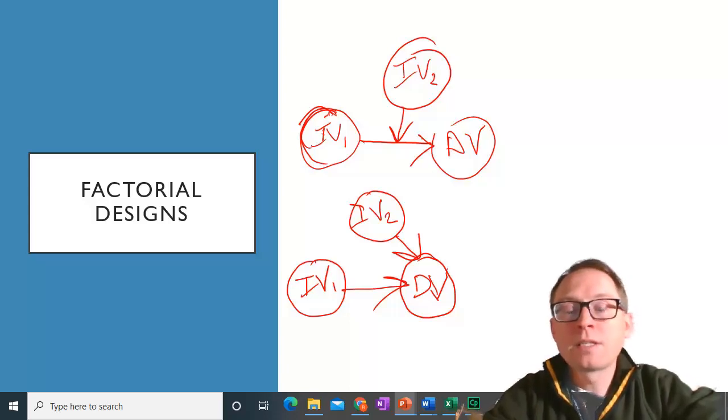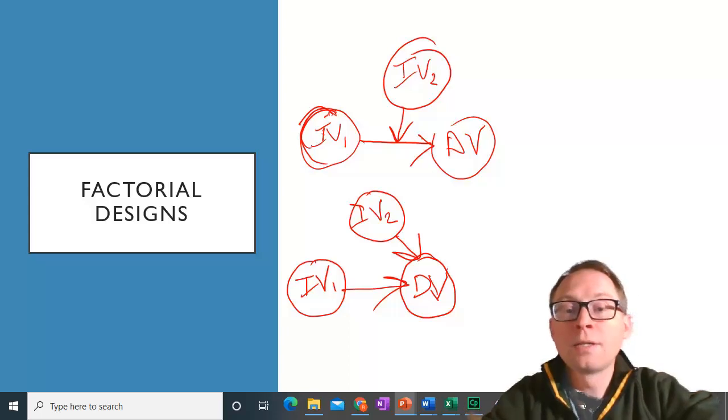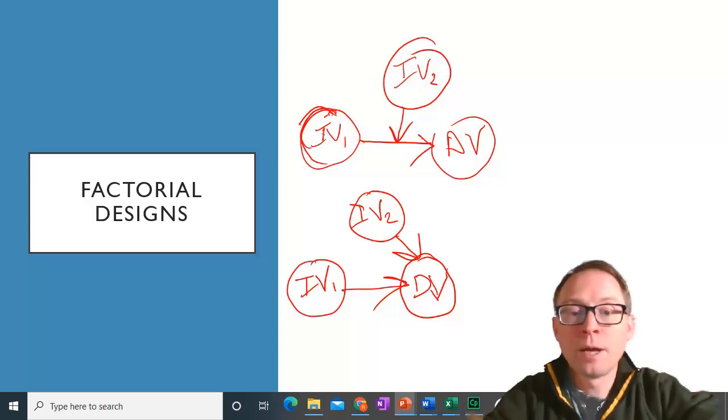Now, this moderated design that you see up at the top, the way we test that is with a factorial analysis of variance. We use a factorial analysis of variance if the independent variables, if the factors, are categorical and the dependent variable is continuous. We're only going to ever do factorial designs with categorical variables and a continuous dependent variable, right?